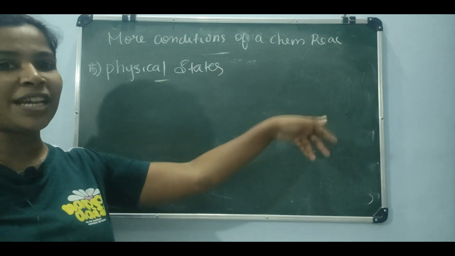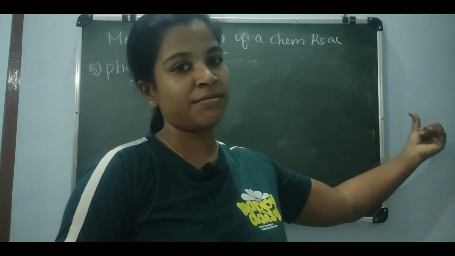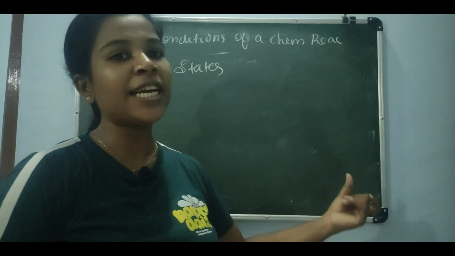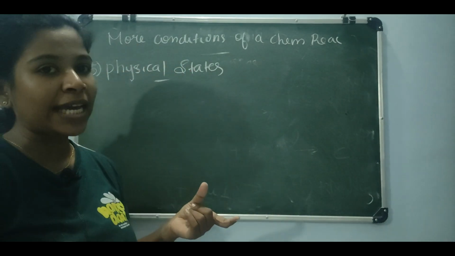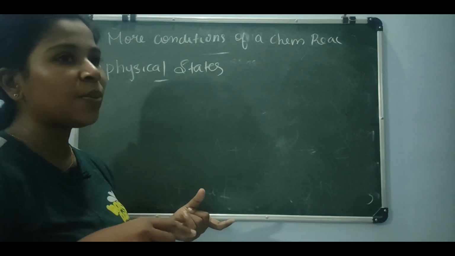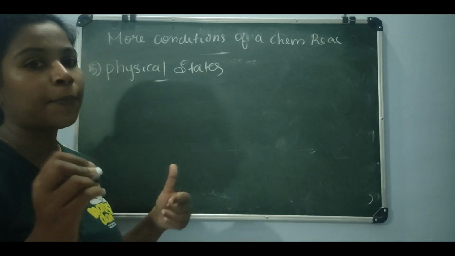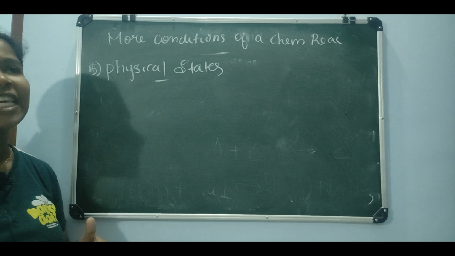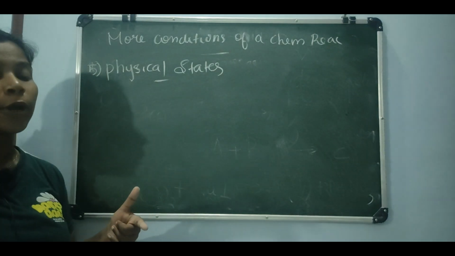When we are writing a chemical reaction, we will represent the physical state of each particle that is participating in the reaction. Like if it's a solid, we will represent it as S. If it's a liquid, we will represent it as L. If it is an aqueous state, we will represent it as AQ. If it's gas, we will represent it as G or an upward pointed arrow.